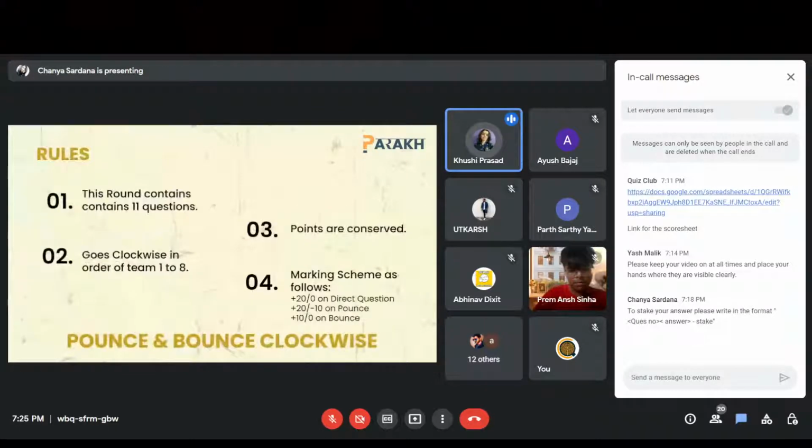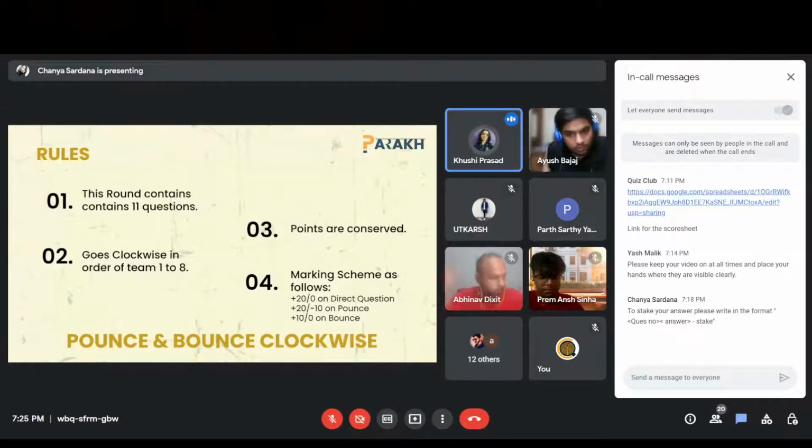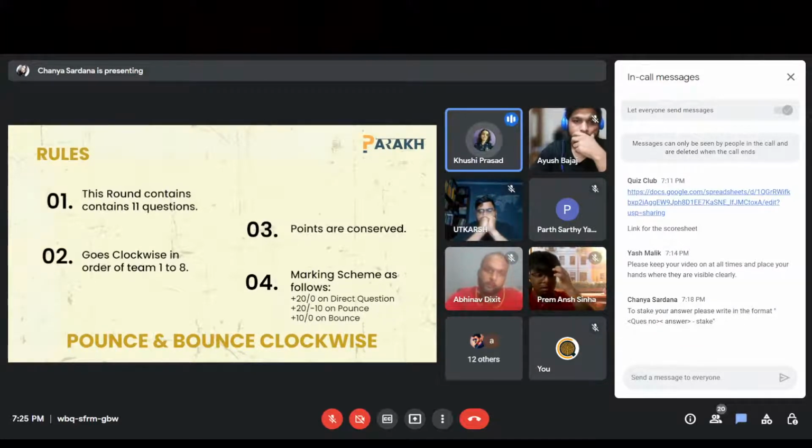So this round is a bounce and bounce round, and we'll go clockwise. This round contains 11 questions, and we'll go clockwise from team 1 to team 8, and the points for this round will be conserved. So if any team answers a part of the question correctly, the next subsequent teams won't get the points for that part, even if they guess that correctly.